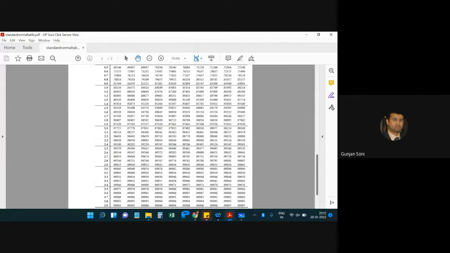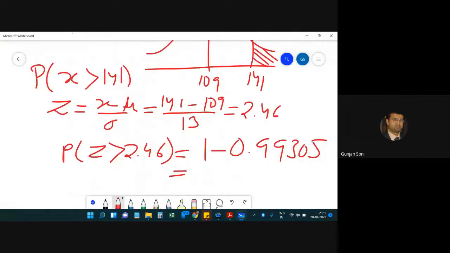So the area which this table is covering is somewhat like this. For any value of z, it is telling the area from left to right. So from left to right, the area is 0.99305, but we are actually interested in this area for this problem. So this will be 1 minus 0.99305.